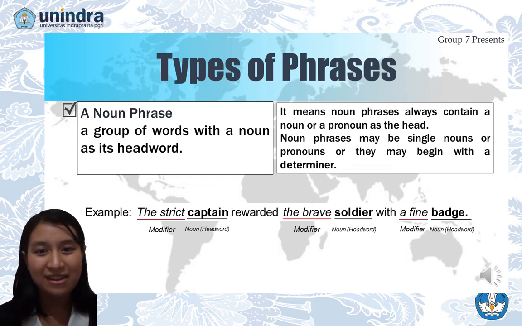Or they may begin with a determiner. For example, the strict captain rewarded the brave soldier with a fine badge. We can see that the phrase is revolving around a noun. The nouns are captain, soldier, and badge.